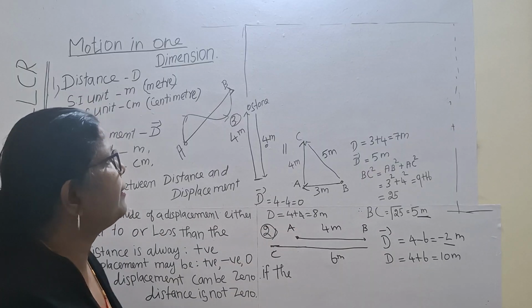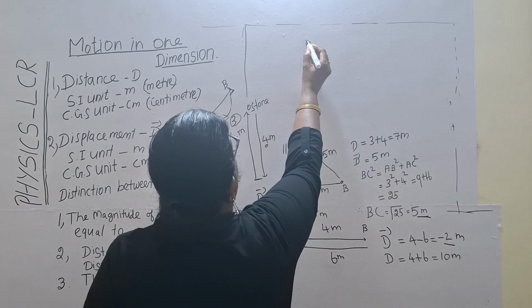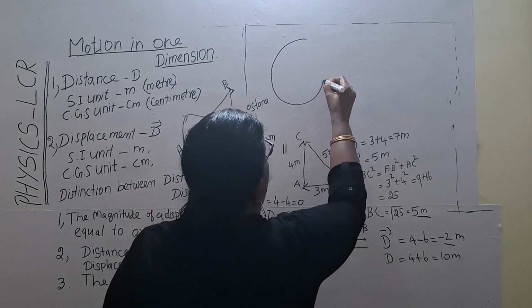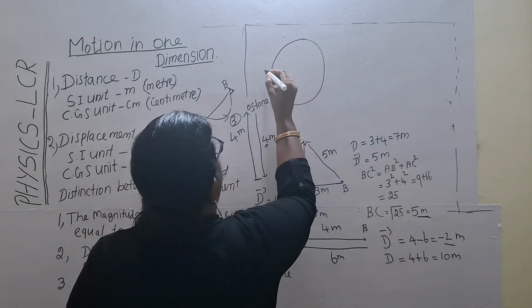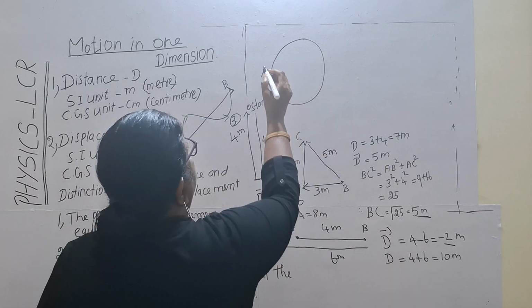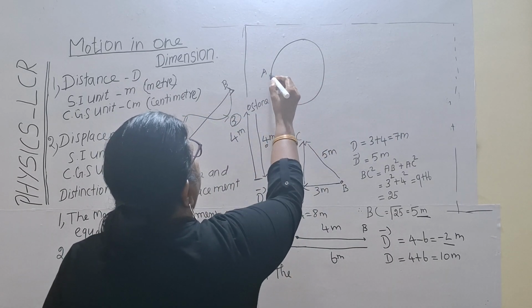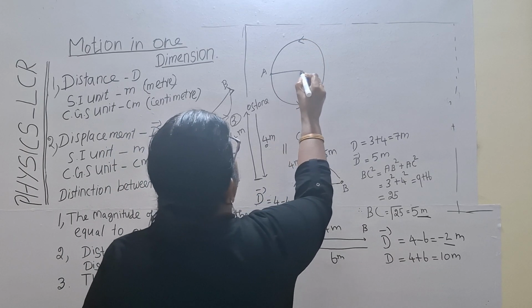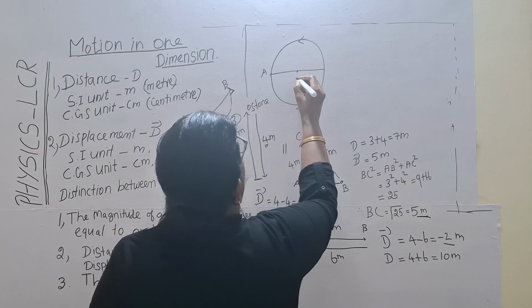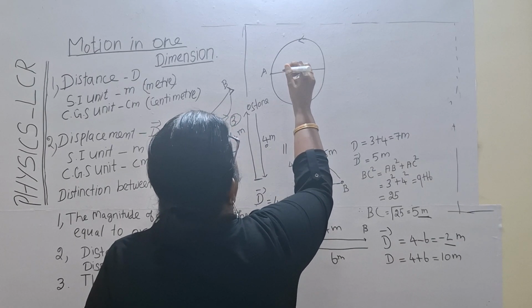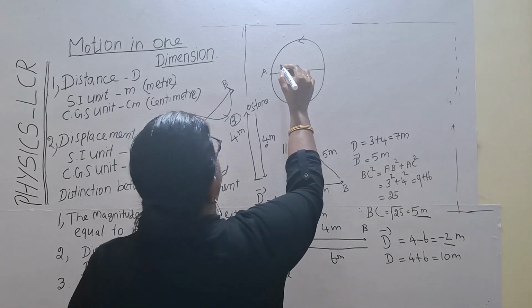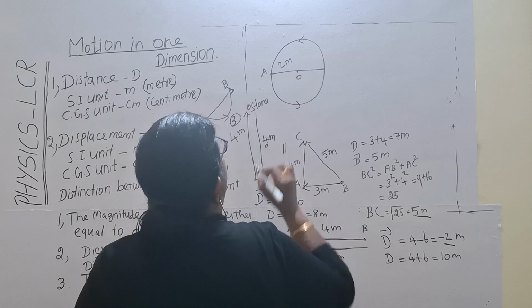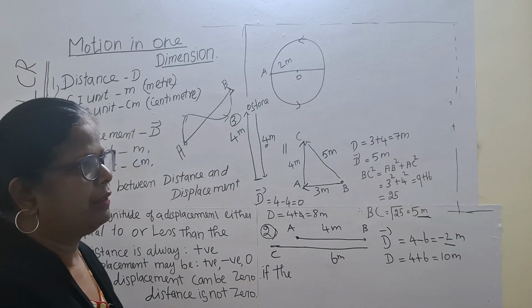Distance is 8 meter. Now the body moving in a circular path. The A position is given, and the body moves and again comes back. This is the center, and the radius is 2 meter.